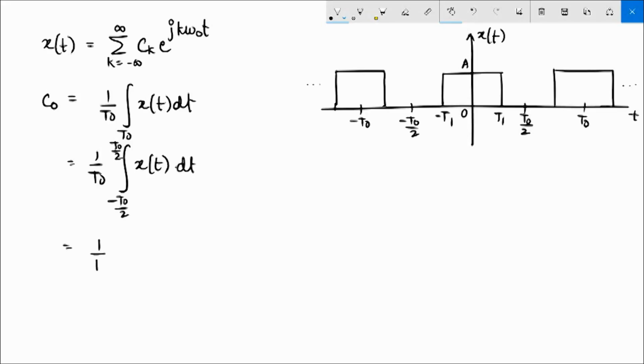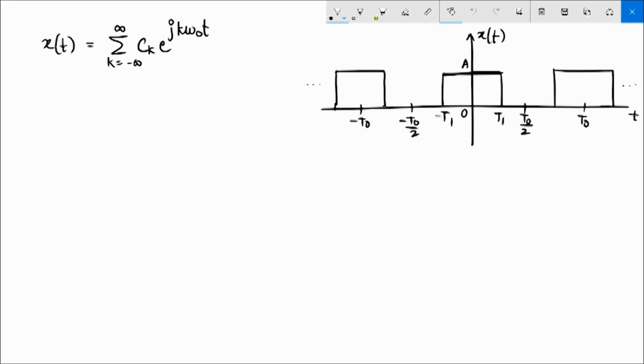In this interval, this waveform is equal to a, which is a non-zero value only between minus t1 and plus t1. That changes my limits from minus t1 to plus t1 a dt. This would give me 2t1 by t0 into a.